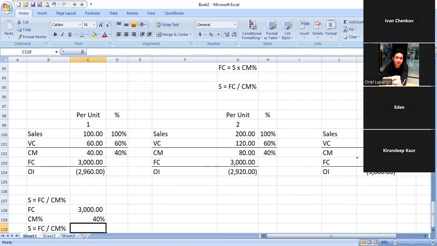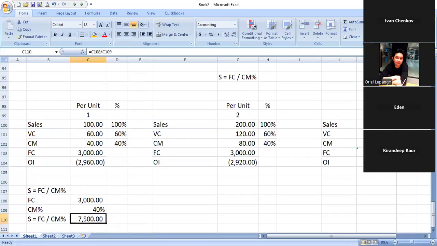If that's the formula, sales should be equal to 3,000 divided by 40%, which is going to be 7,500. So if I plug in 7,500, from those 7,500, only 40% comes to the contribution margin. This one times 40%. Is that going to be enough to cover my fixed cost? As you can see, it's more than enough.